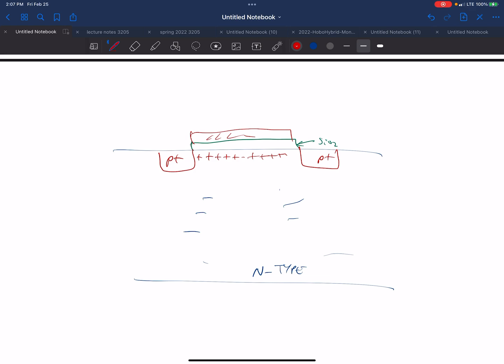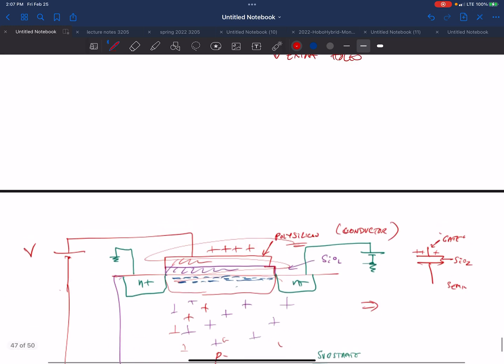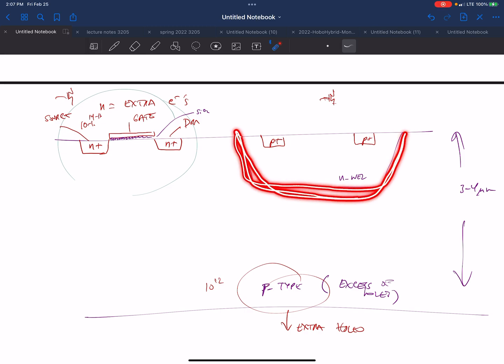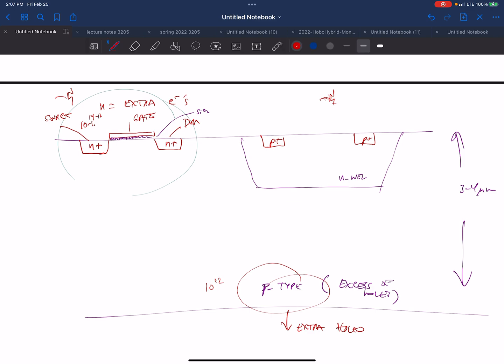Now, as John pointed out, I already made a decision that my substrate was P-type. So my silicon material is P-type. To create this PMOS device, I have to put in an N-well so that it can live in it. So my PMOS can live inside this, with the gate on top.